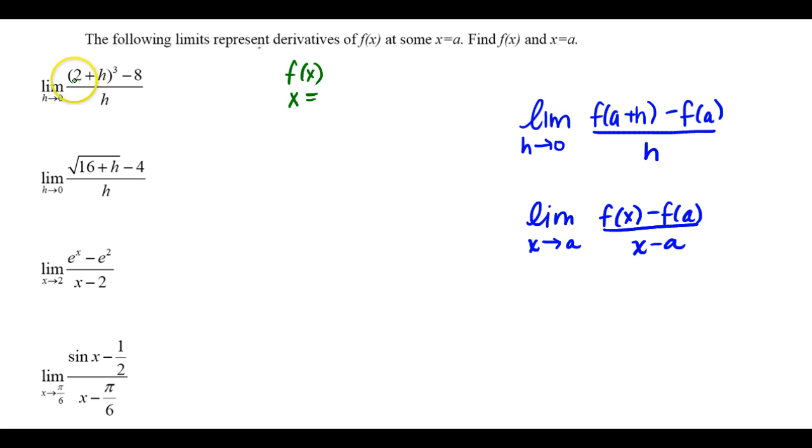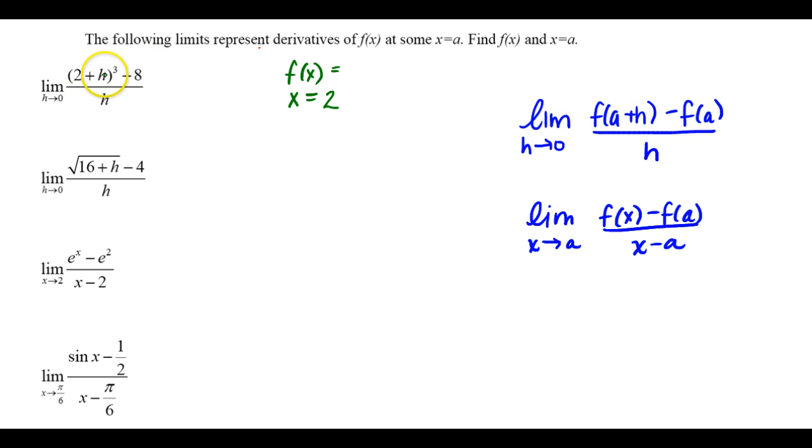Well, my a value is the one that is being added to the h. So x equals 2. 2 is my a value. So now it's a matter of trying to figure out, what's f of x? We decided that a was 2, so what function are we plugging 2 plus h into?